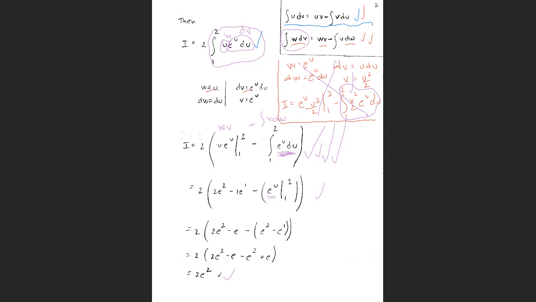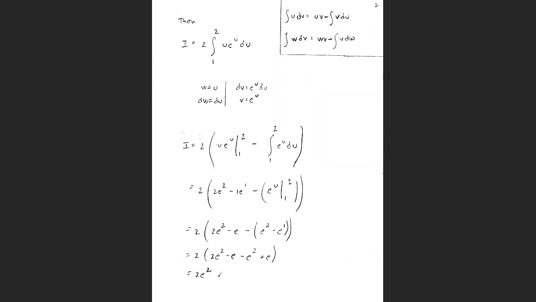How did I get to 2, Mario? All right, the 2 comes from this 2 here. Oh, u equals... okay, how did I get that?